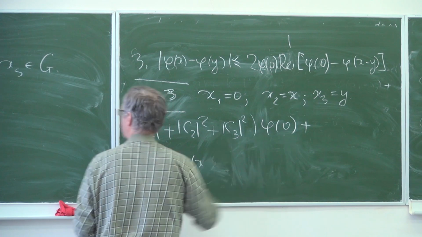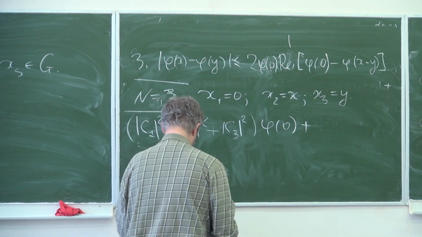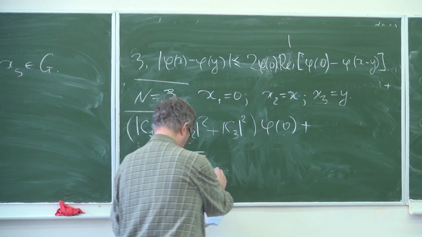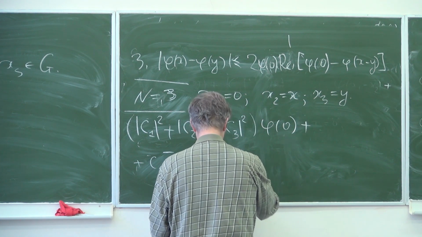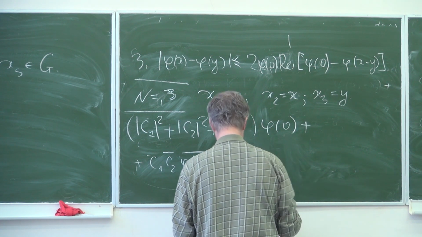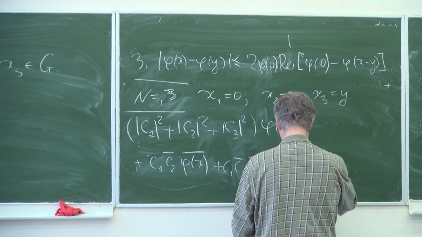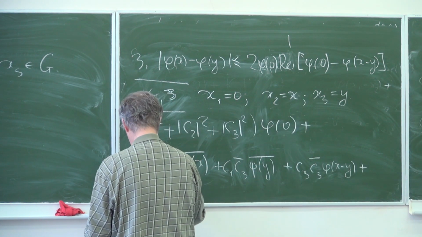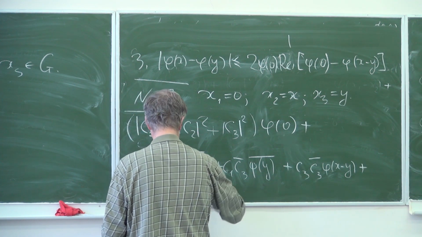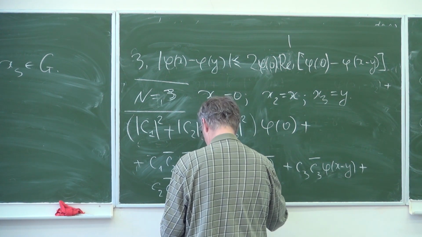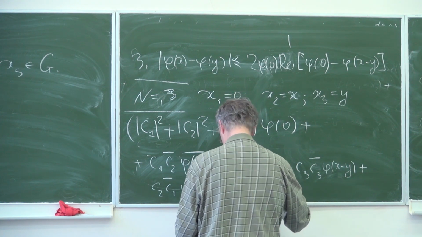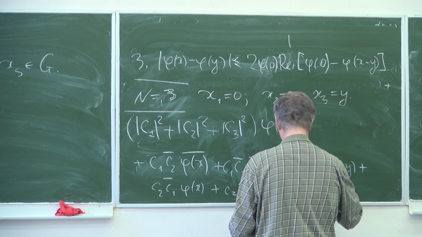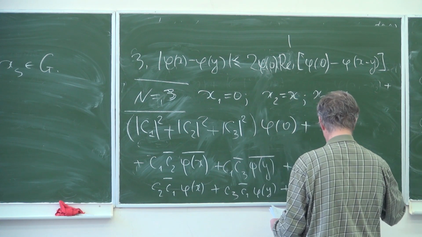Then here it will be 0 because of this, and here we obtain phi of x bar because it will be phi of minus x, plus c1 c3 bar phi of y bar, plus c3 bar phi of x minus y, plus another 3 terms, c2 c1 bar phi of x, plus c3 c1 bar phi of y, plus here c2 c3 c2 bar phi of x minus y bar.